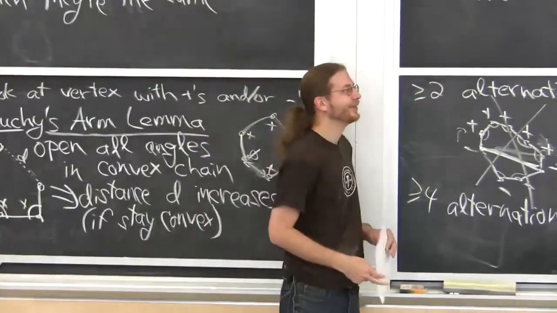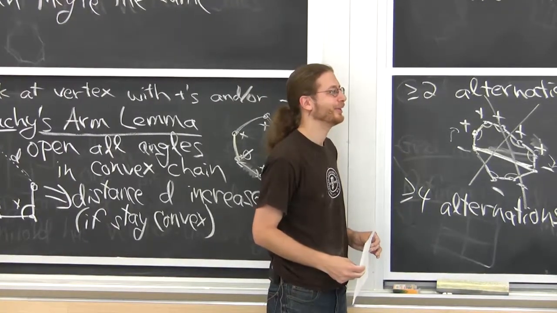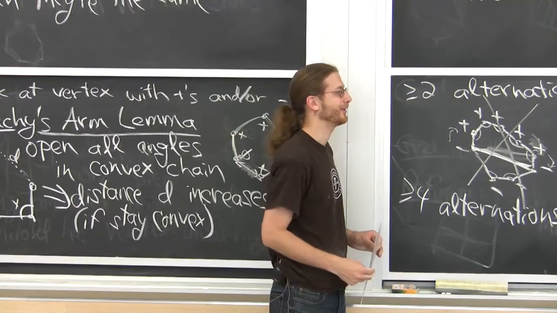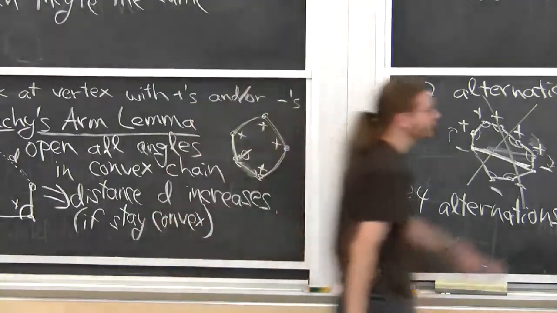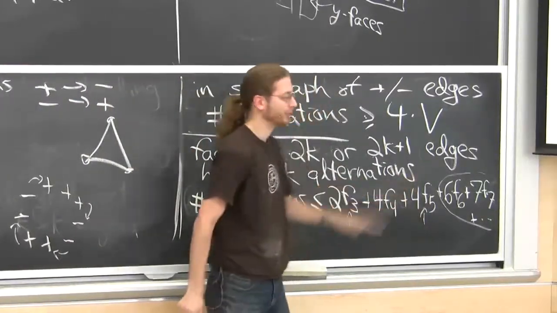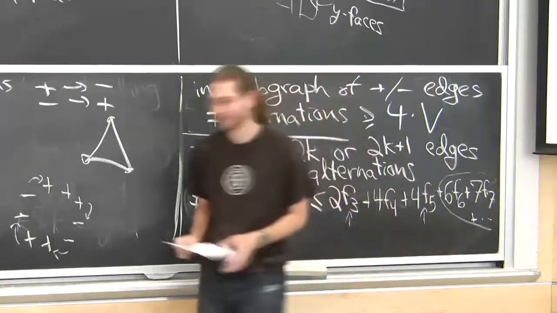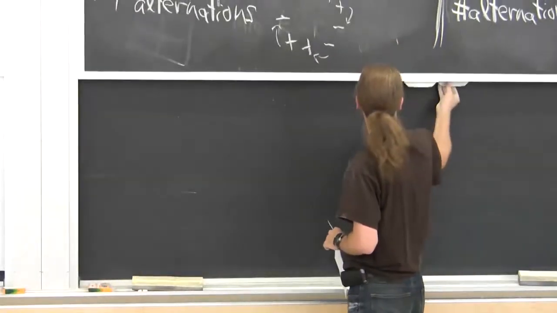Let's see, should be like 3n minus 6 edges, so that should be 3. Yeah, 3. So most of the faces are going to have low degree. That's the point. So 3 and 5 really matter. But out here, it doesn't matter so much. Good.